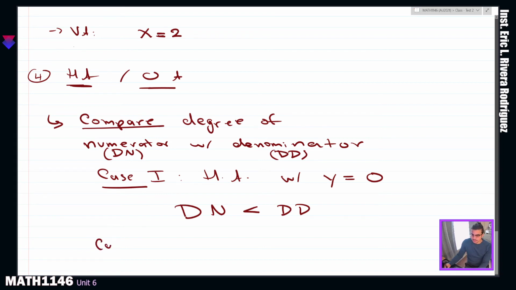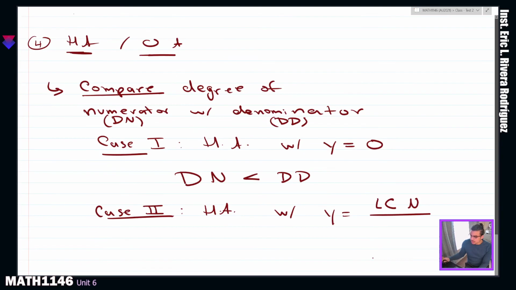Case 2. We will have a horizontal asymptote with an equation of the horizontal asymptote by leading coefficient of numerator over leading coefficient of denominator.